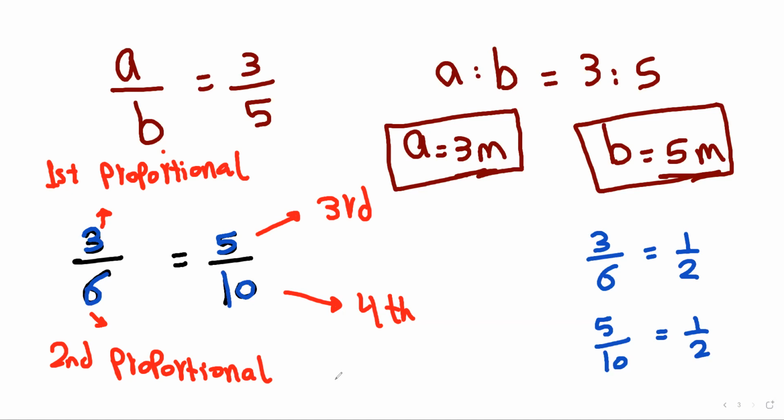So we can say again that 3, 6, 5, 10 are four proportional numbers. 3 is the first, 6 is the second, 5 the third and 10 the fourth.